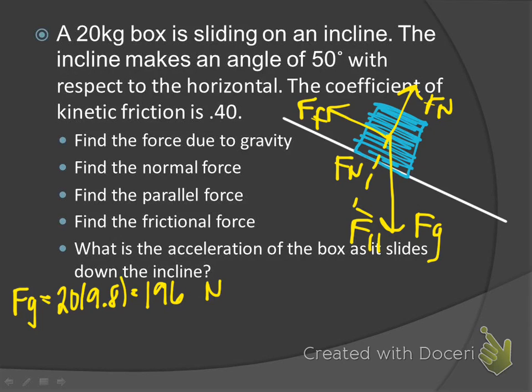Right. I plugged in 98 instead of 9.8. Okay, let's break down that triangle now. So F parallel is equal to 196 times sine of 50 degrees, because our angle that we get always fits right into this pocket here.